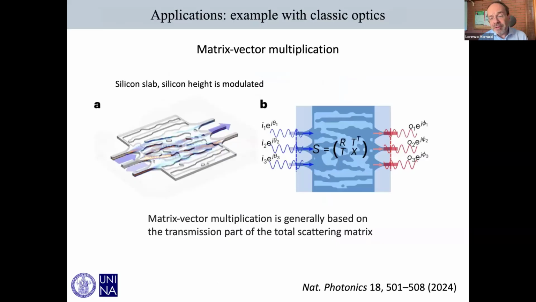There are many examples of realization of this concept aimed at implementing, using a photonic approach, for example, general matrix vector multiplication. In this paper that I'm citing here, this was based on a silicon slab with modulated silicon height that implemented an arbitrary matrix vector multiplication, arbitrary but not reconfigurable, written in the structure of the system.